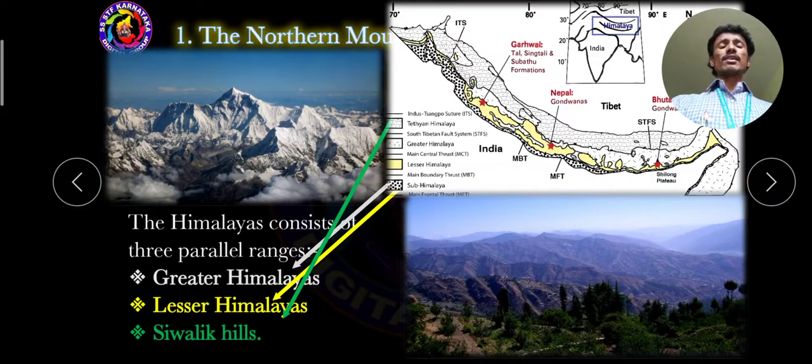The first one is Greater Himalayas, second one Lesser Himalayas, third one Shivalik hills. Now, we should learn one by one about Greater Himalayas, Lesser Himalayas and Shivalik hills.